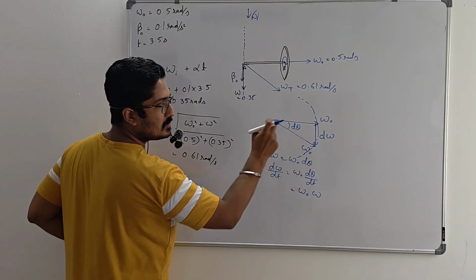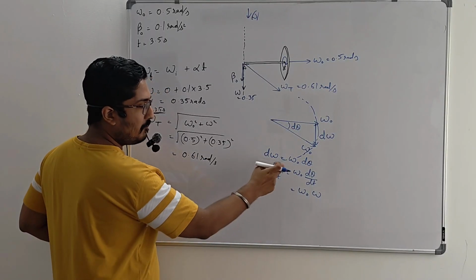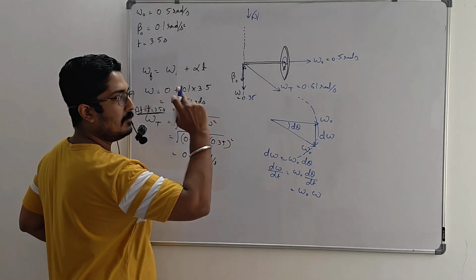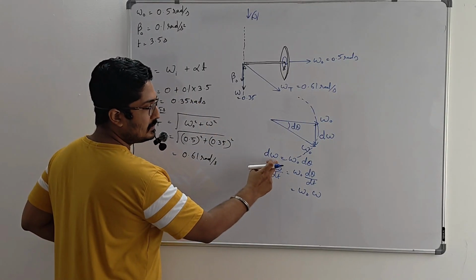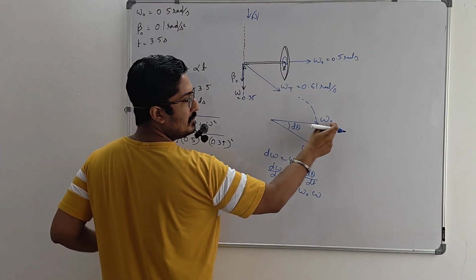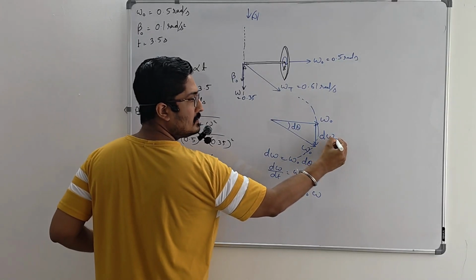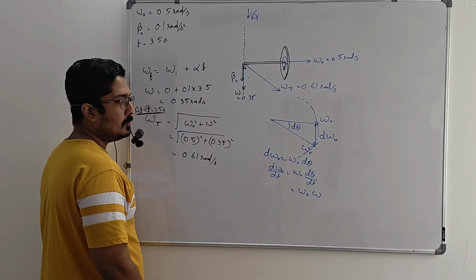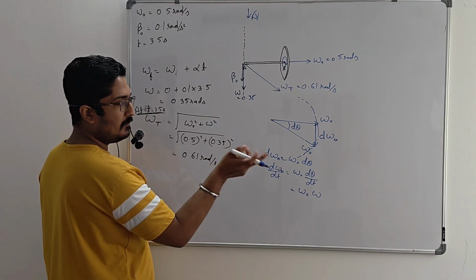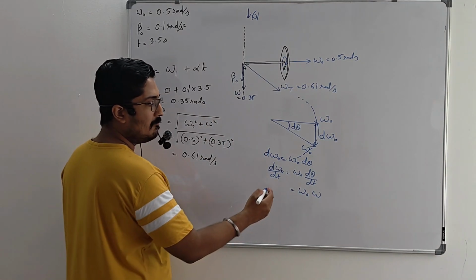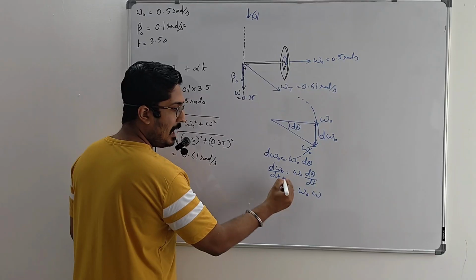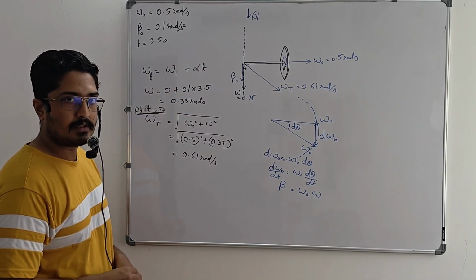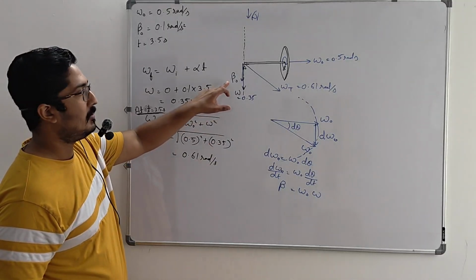And that revolution is responsible for d theta, right? So when I find d theta by dt, I am basically finding that revolution. And this d omega is the change in which omega? Omega naught, right? So let me call it d omega naught, so that later you should not have any confusion. So the variation of d omega naught would give me the angular acceleration of that. So now how many angular accelerations am I having? Number one, I have beta naught.